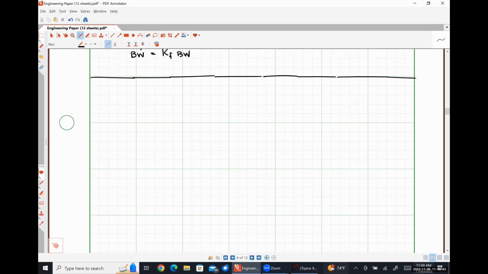So this will be our circuit of interest. And these are going to seem like odd values.